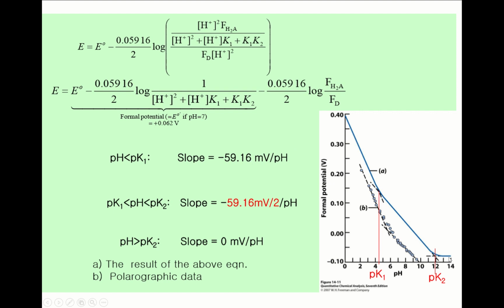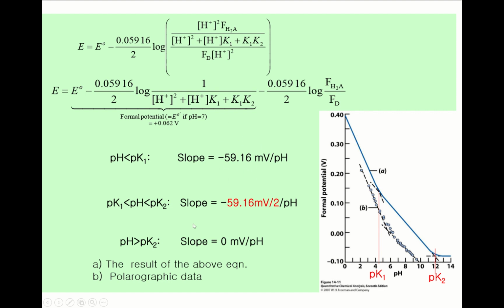But in this region, okay, the first term and the last term may be ignored. Here, only the proton concentration remains. Okay, and since the 2 is already here, the slope is just a half of the 59 millivolt.